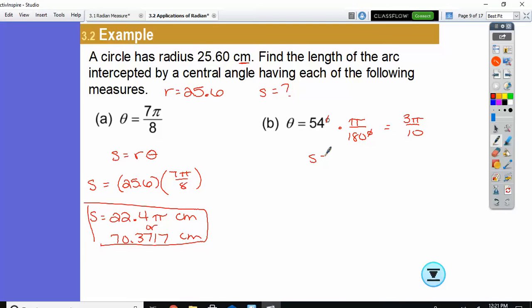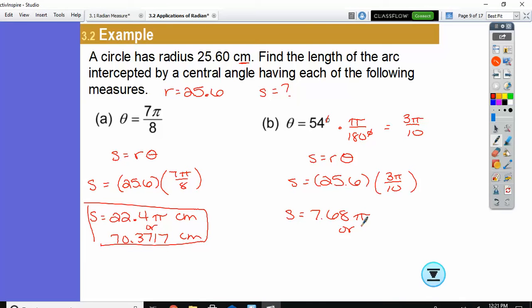So then you can do the S equals r theta. Radius is still 25.6. Theta is 3 pi over 10. So you get 7.68 pi.